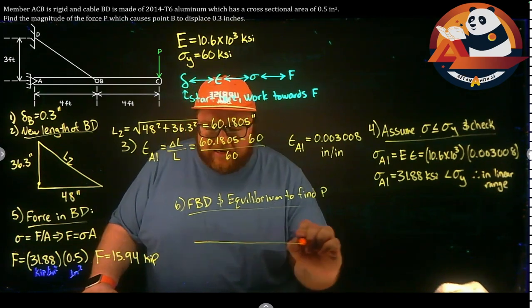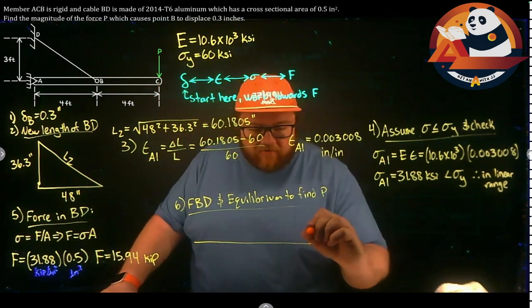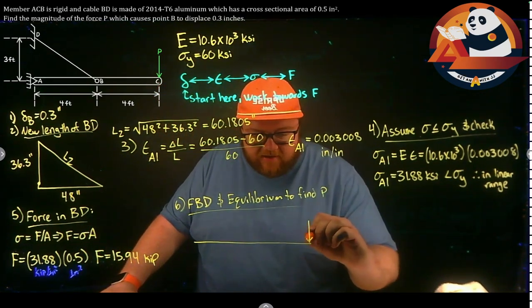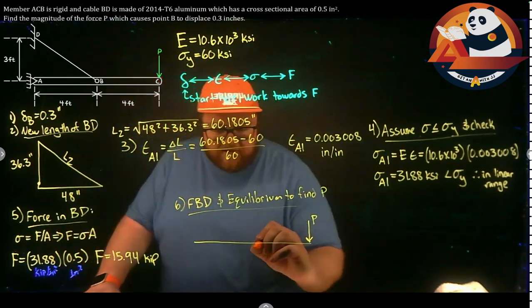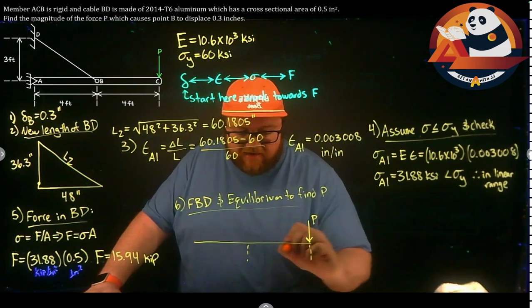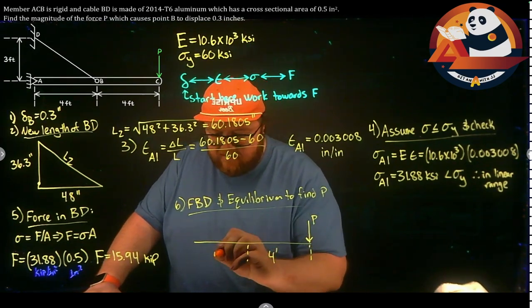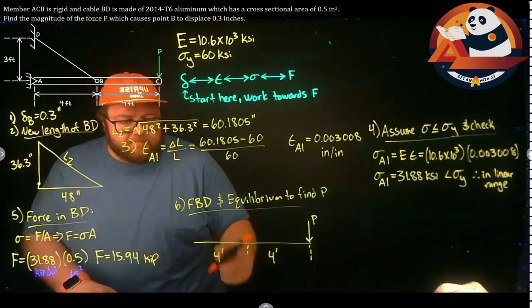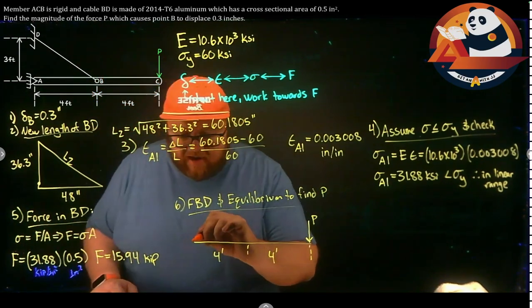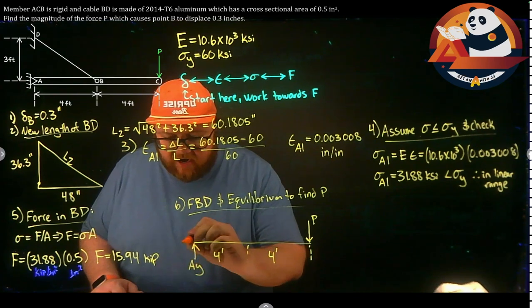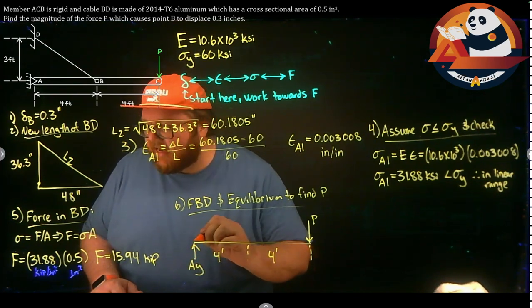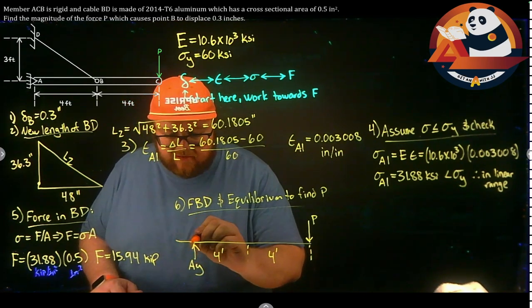I have my beam. I know at the right edge coming straight down is my force P. I have in the middle of this 4 feet from either edge my B, and the left edge I have my pin at A. Even though I'm not going to use those, I should still show them. AY, and I have an AX in here.